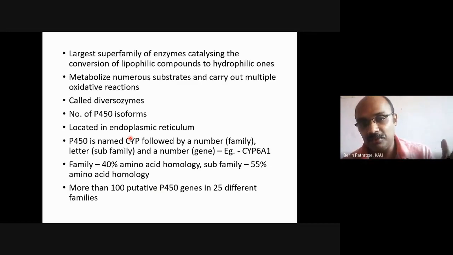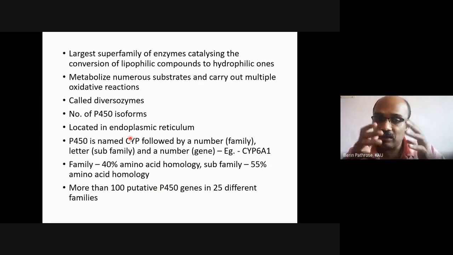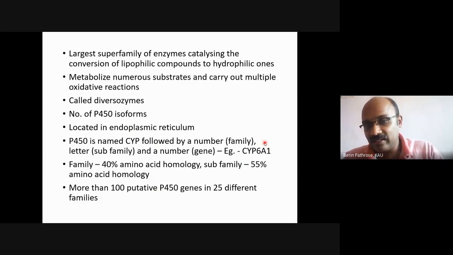If two enzymes share 40% amino acid similarity, they fall in one family. The example I have given is CYP6A1. CYP, that is cytochrome P450, is common for all this group of enzymes. 6 is the family number, and A is the subfamily name.